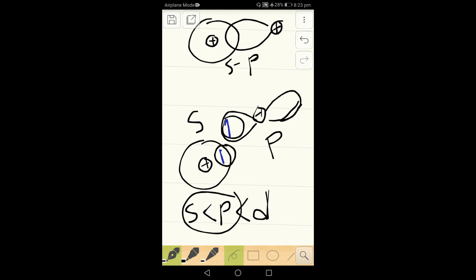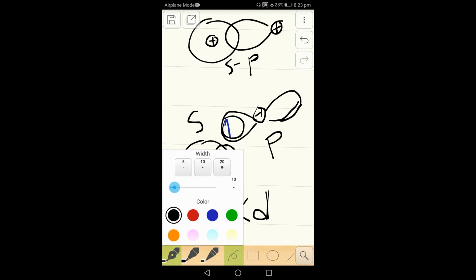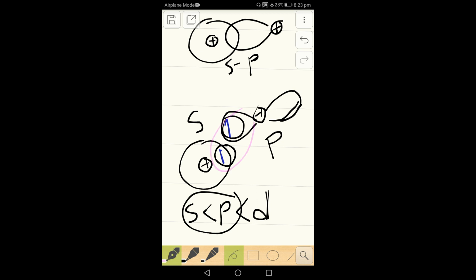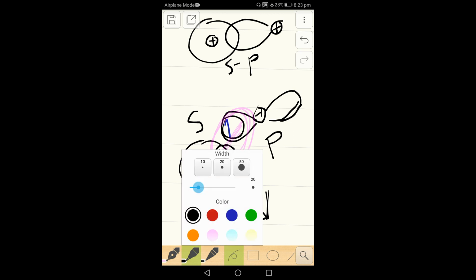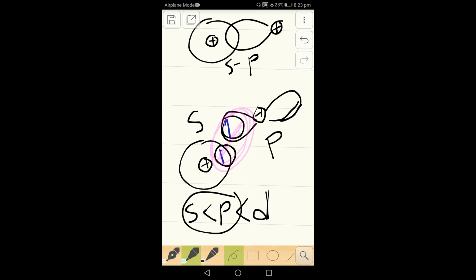So what happens is that if the electrons of different kinetic energies mix together, then the overlapping that will occur here will be very much unstable because of the variable kinetic energies of the electrons.